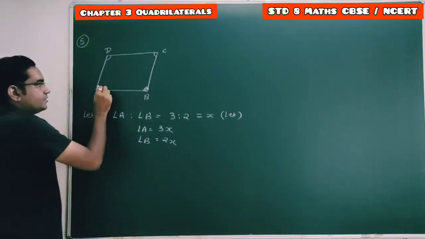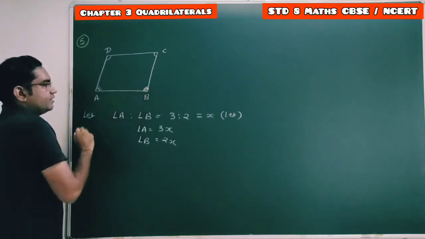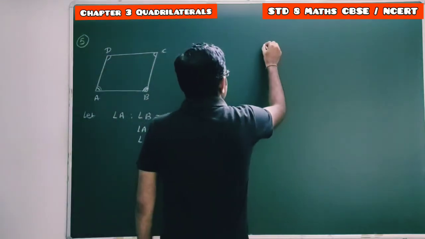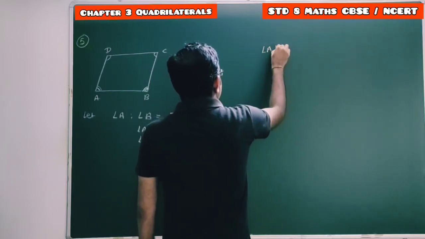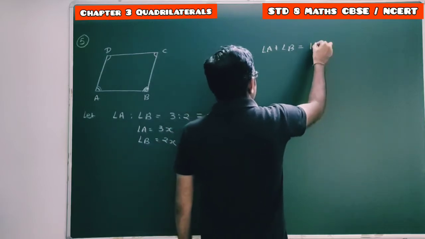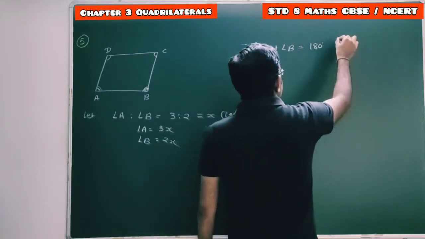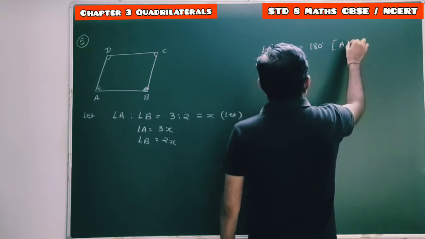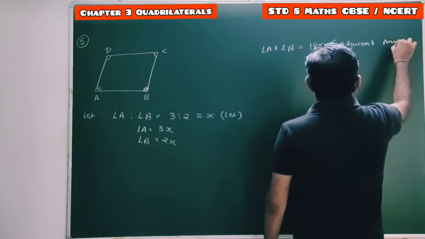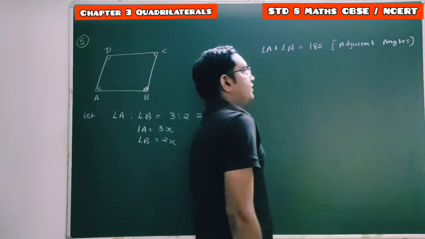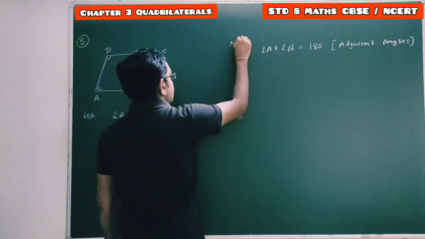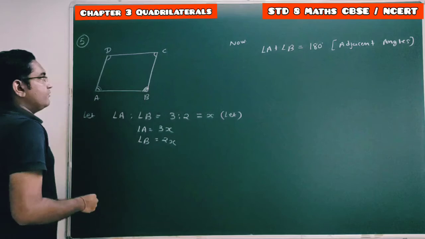Hence the sum of both angles will be 180 degrees. The property says that adjacent angles of a parallelogram are supplementary, therefore the sum of their measures will always be 180 degrees. A pair of adjacent angles of a parallelogram are always supplementary. Clear students? How this supplementary came, have a look once again.